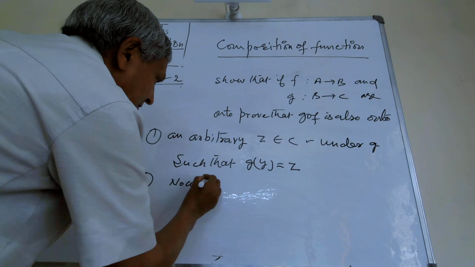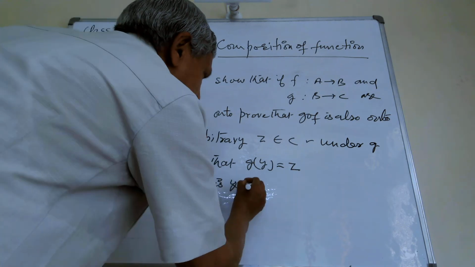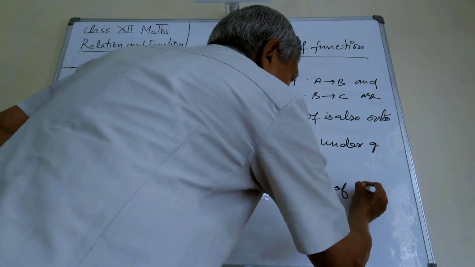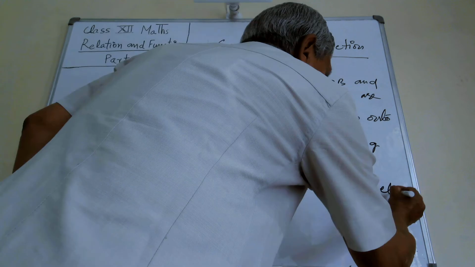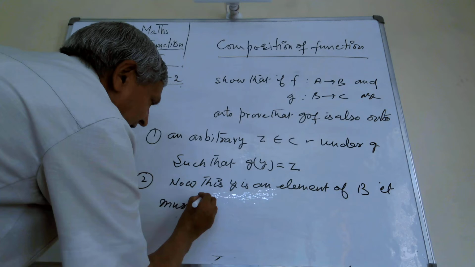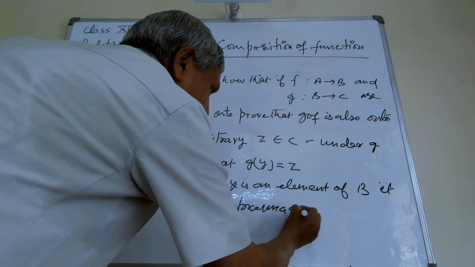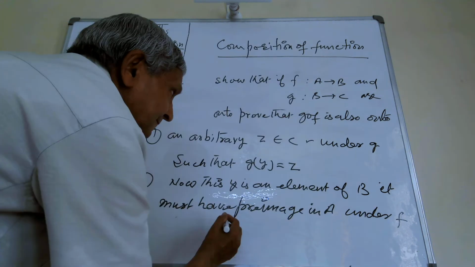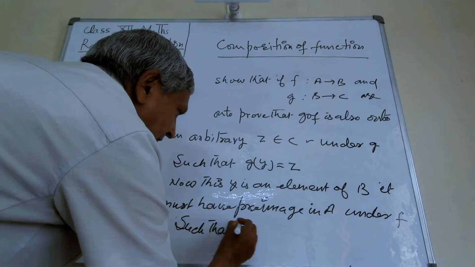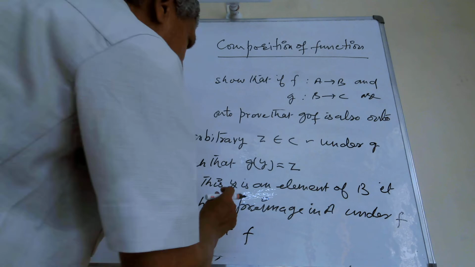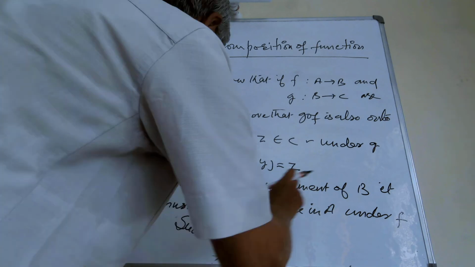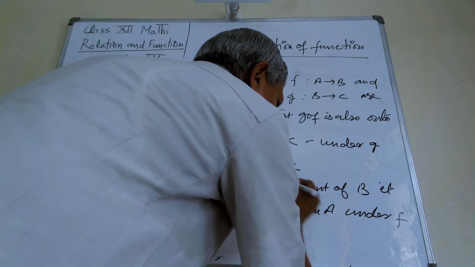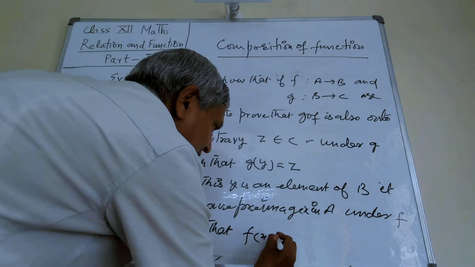Now, this y is an element of B, and it must have a pre-image x in A under f, such that f(x) is equal to y.